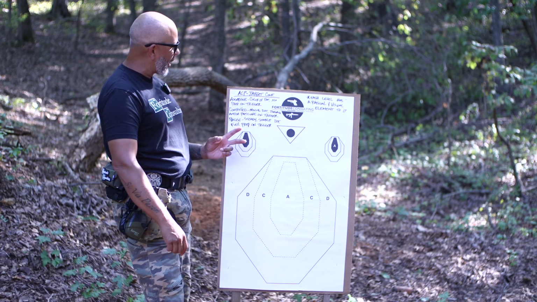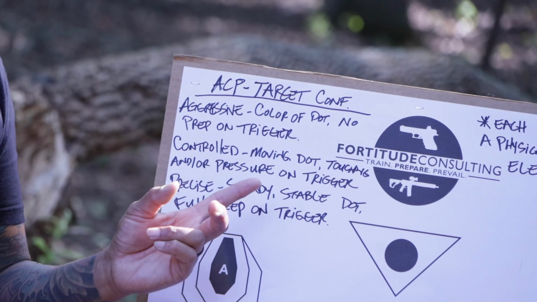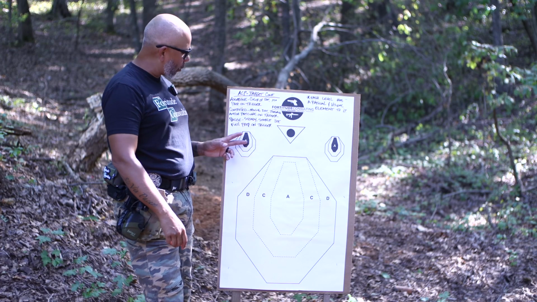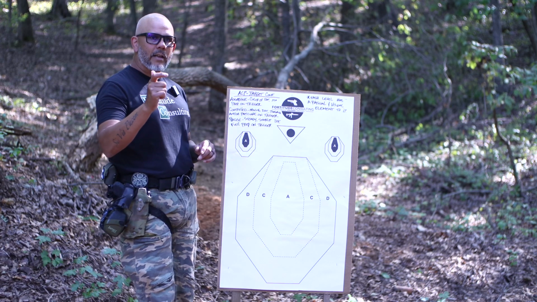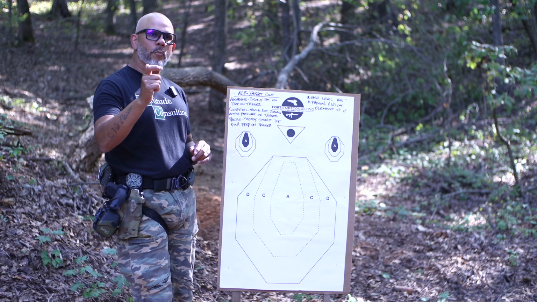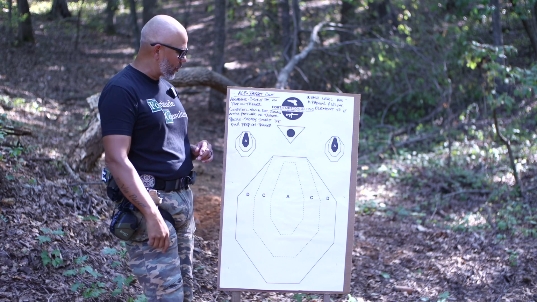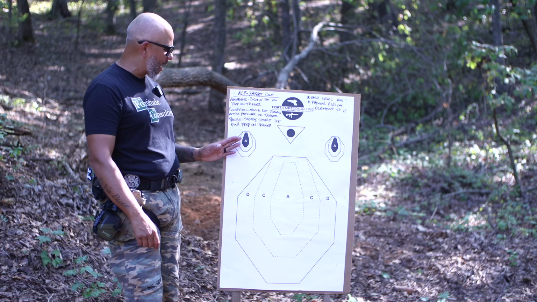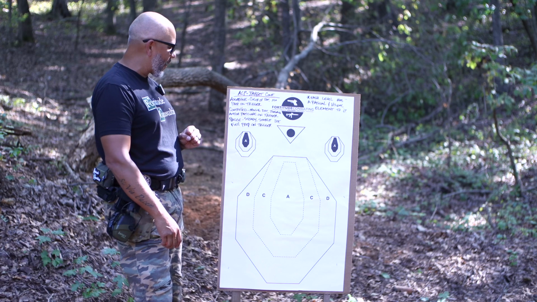For the controlled level, the 2 elements that we have are going to be a moving dot inside your actual target or desired target area, and touching and or applying just a little bit of pressure to the face of the trigger for every single shot. That's what we would use on the reduced size target, which is about 4 inches wide at 5 yards.